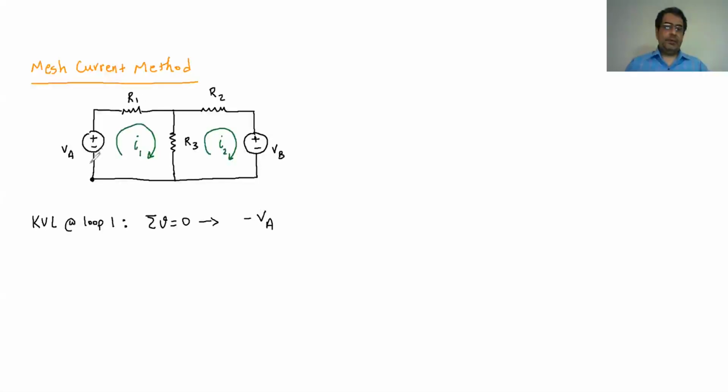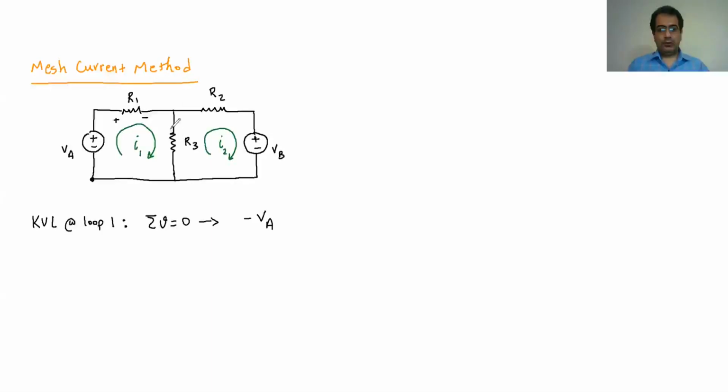And then I keep going. Remember that in a resistance, the current always goes from positive to negative. So if I assume the current goes in this direction, it always goes from positive to negative.